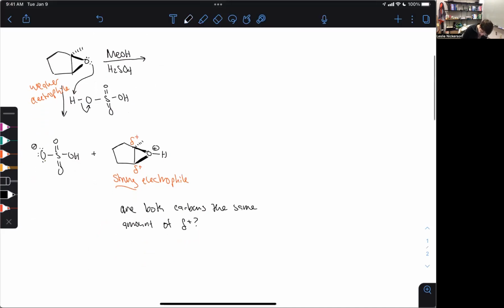I'm going to try to draw this a little bit larger here. If we're thinking about these two carbons, one of them is a lot more substituted than the other one. This one is more substituted.